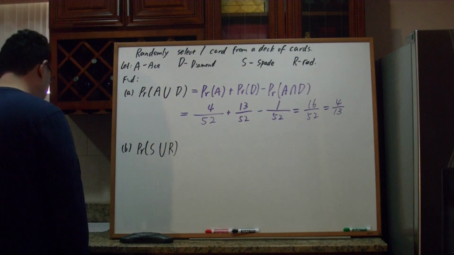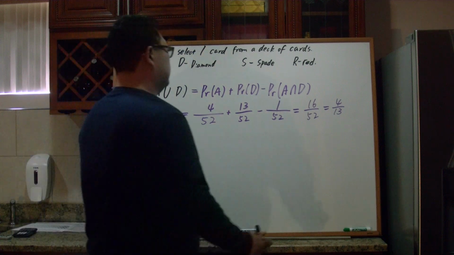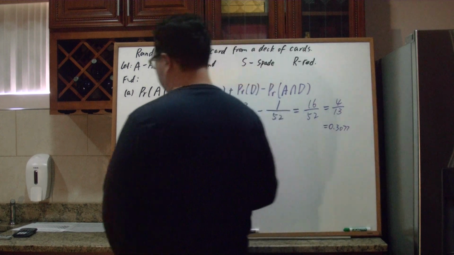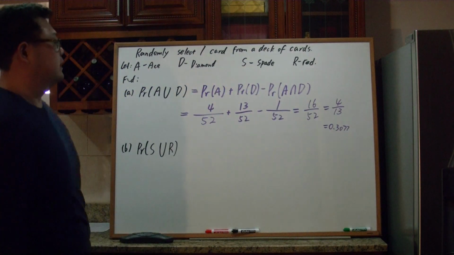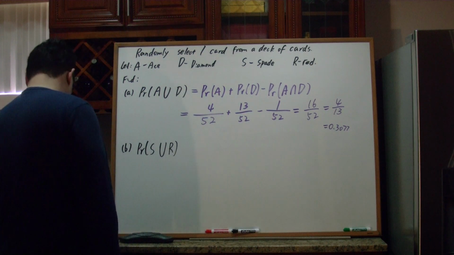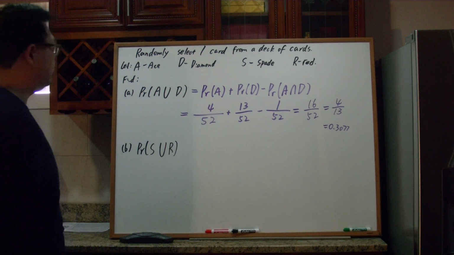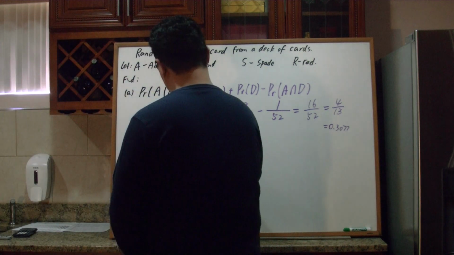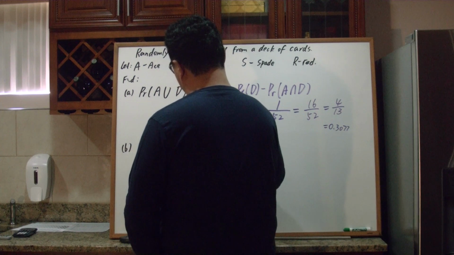You could divide them into a decimal. That's about 0.3077, which is also appropriate. But please show me the 16 over 52 and show me the setup. Right, now the probability of getting the spade or the red card. The spade is black, and the red card has 2 suits that are red. So this one is disjoint.